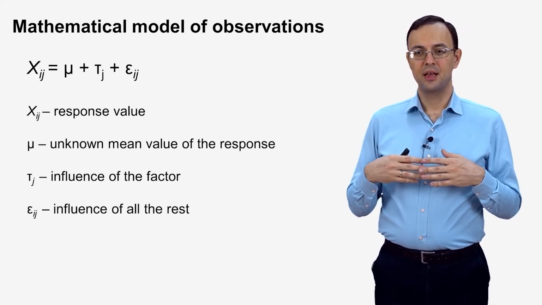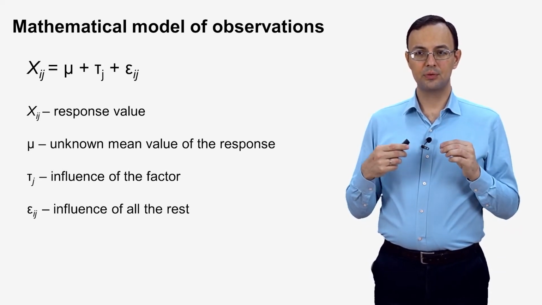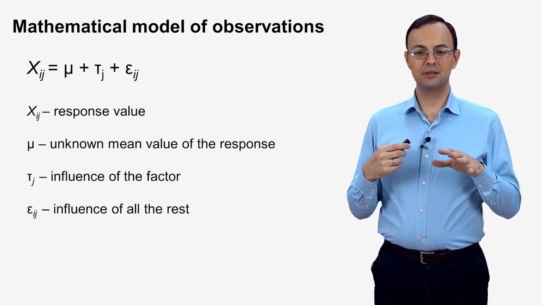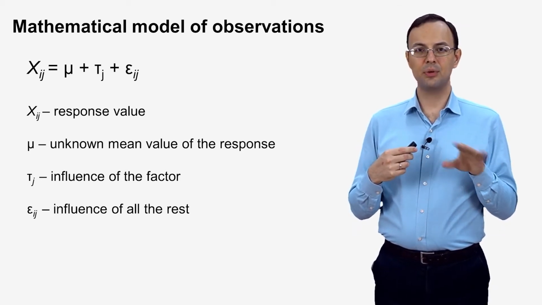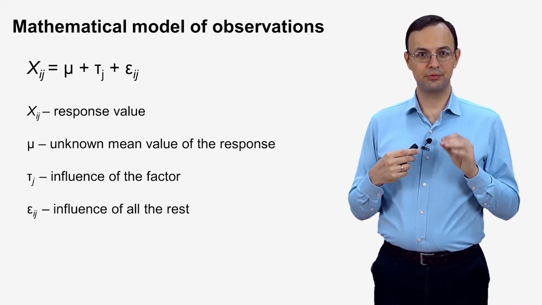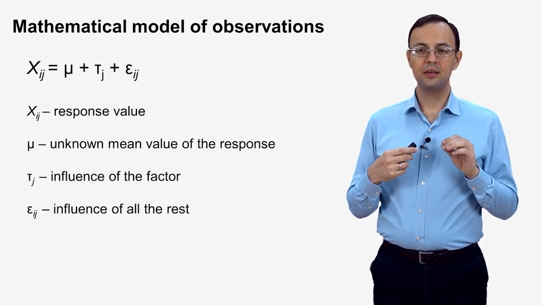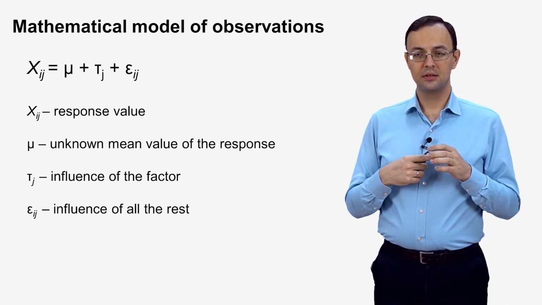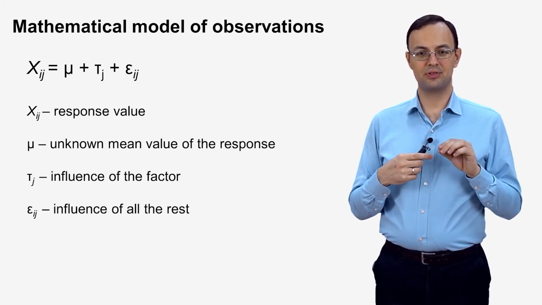So, for example, you can say that mu is mean salary in Moscow. And let's say that mean salary in Moscow is, I don't know, 60,000 rubles. So mu is 60,000 rubles. And then tau 1 is influence of primary education.